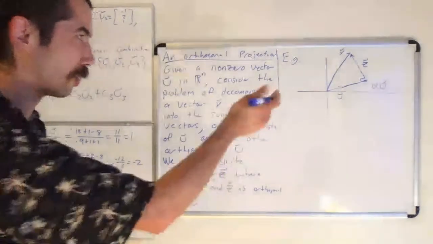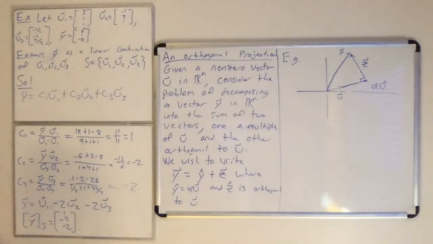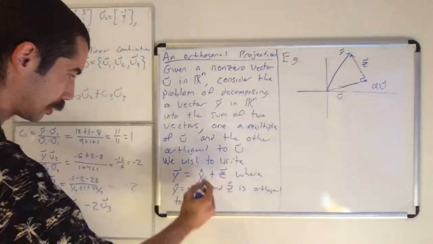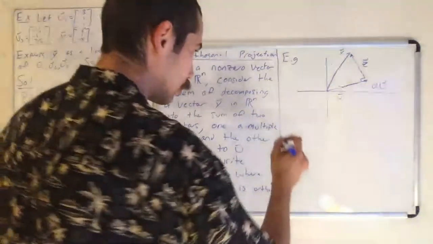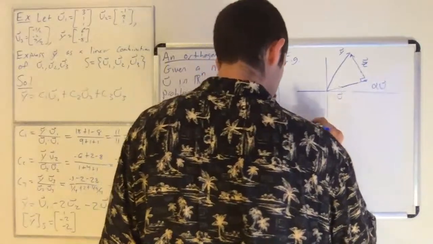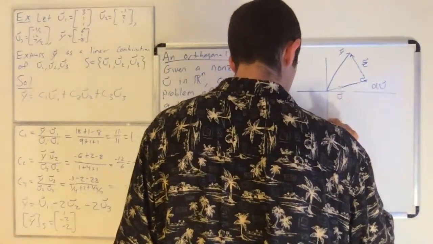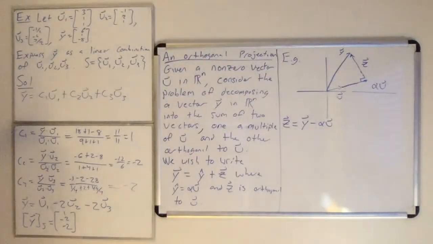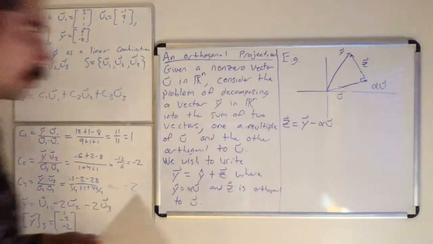Okay, and so let's try to figure out how to get alpha. So we could solve for z here. So z is equal to y minus alpha u. And this is orthogonal to u.